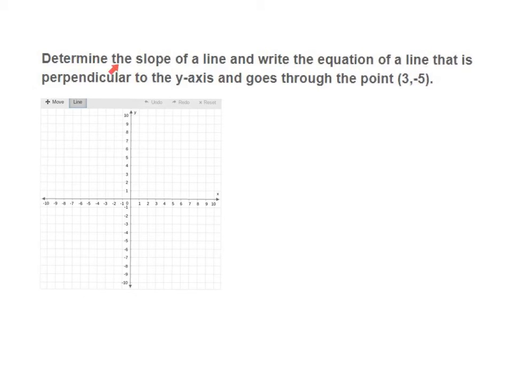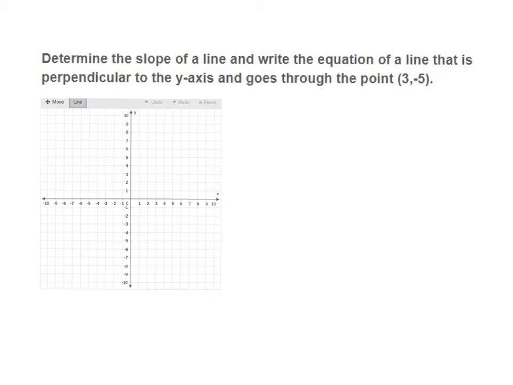All right. Now this example says to determine the slope of a line and write the equation of a line that is perpendicular to the y-axis and goes through the point 3, -5. All right, so if it's perpendicular to the y-axis, the y-axis is here.